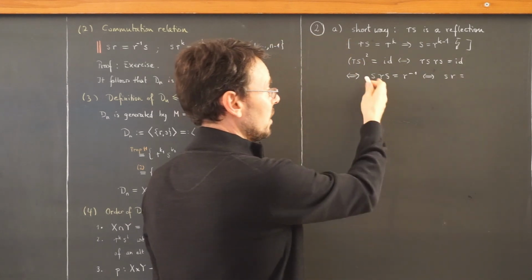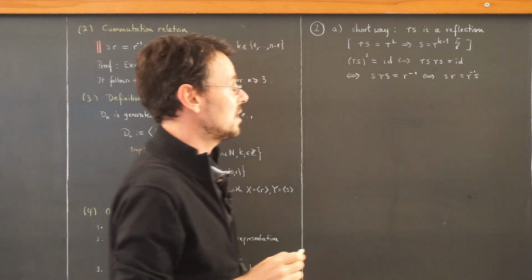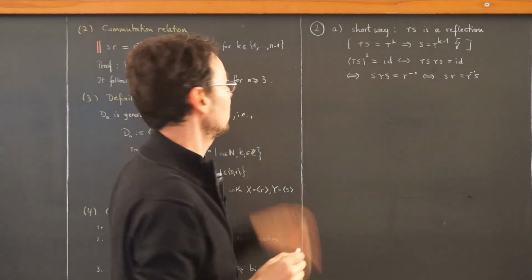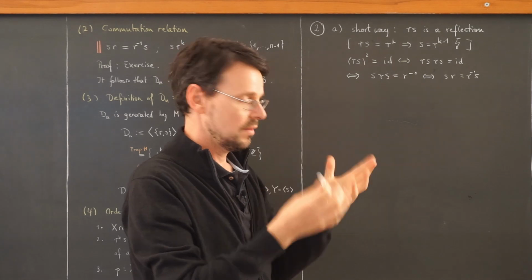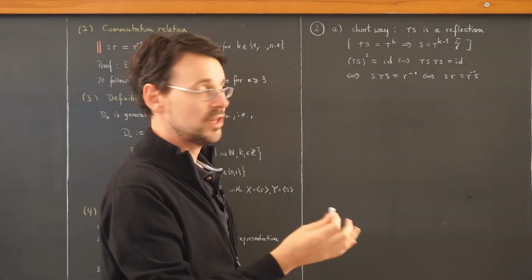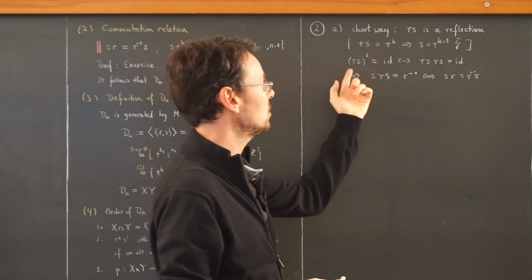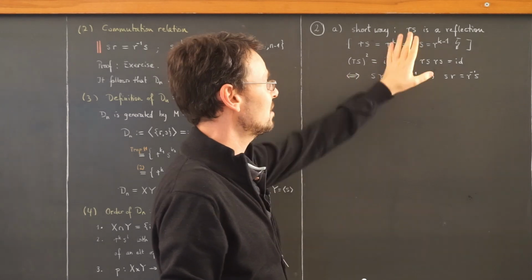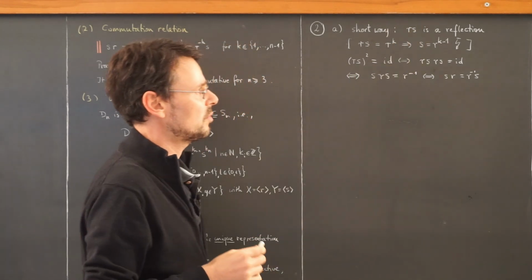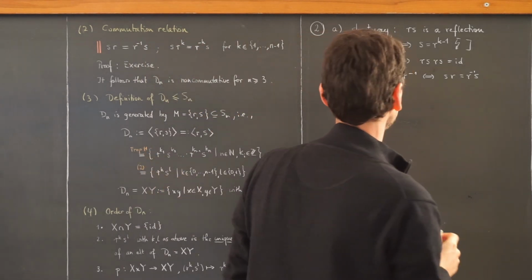And then we multiply by S from the right, because S squared is the identity, we end up with this result here. And this is pretty nice because we do not need the permutations or to check what both sides do to each vertex. This is simply using that RS is indeed a reflection. But as I've said, it's logically a bit problematic if we do not know this here yet.